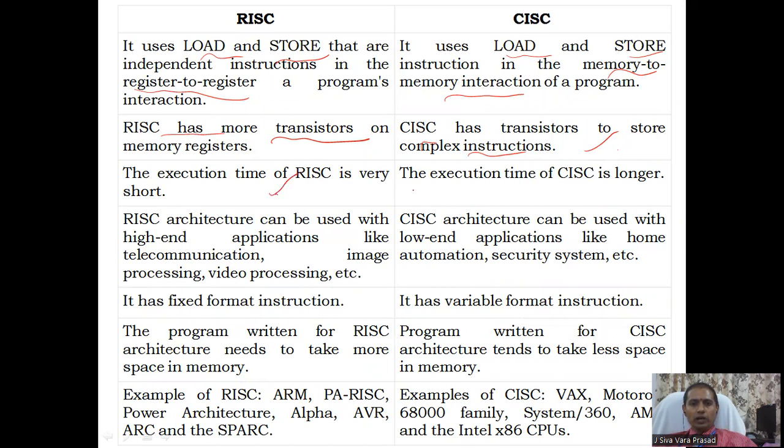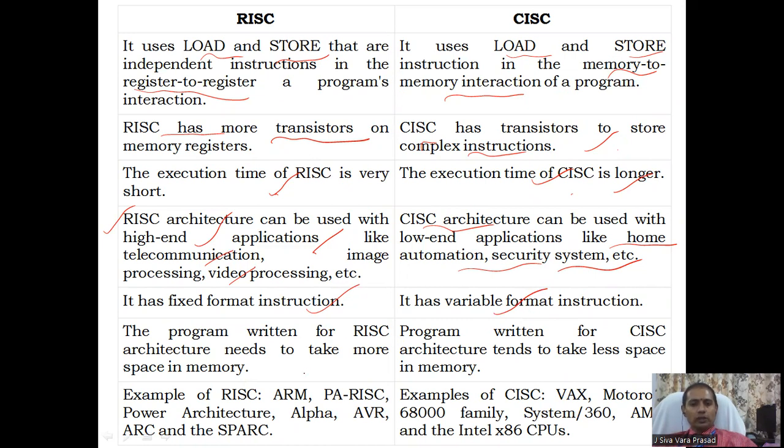Execution time is short in RISC, whereas in CISC it is longer. RISC is used in high-end applications like image processing, video processing, and telecommunication, while CISC is used in low-end applications like home automation and security systems. RISC has a fixed instruction format, whereas CISC has a variable format.